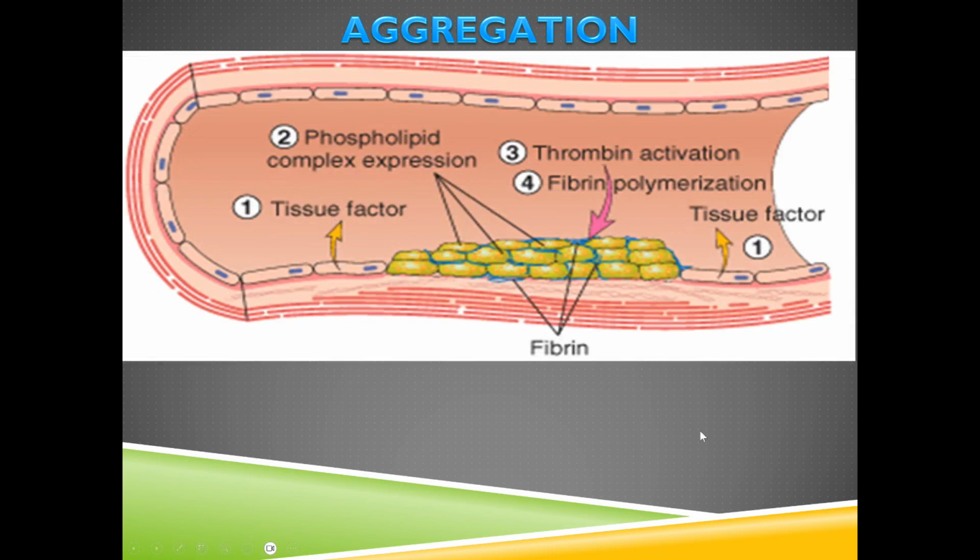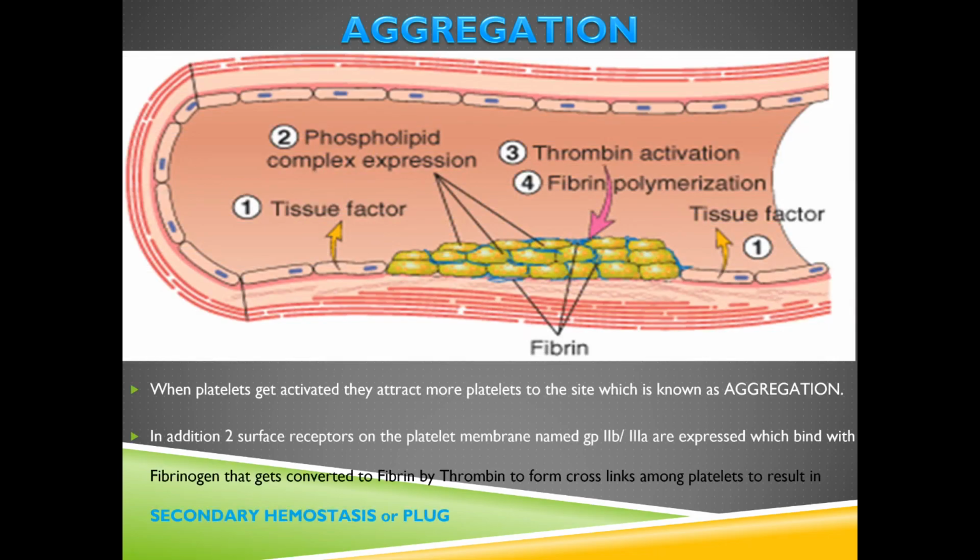All these things happen once the platelets get activated, they attract more platelets, which is called aggregation. In addition, surface receptors of the platelet, namely GP2B3A, are exposed to bind with the fibrinogen that is converted to fibrin by thrombin to form the cross links and make this loose plug into a solid plug. That is called secondary hemostasis.